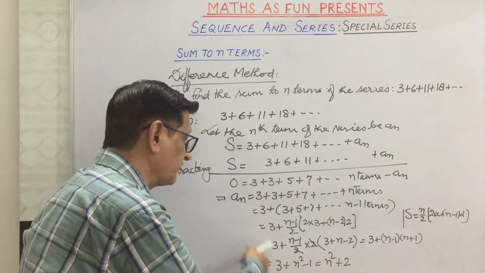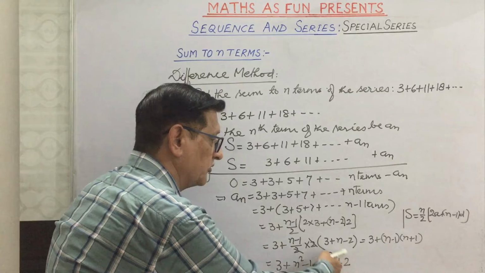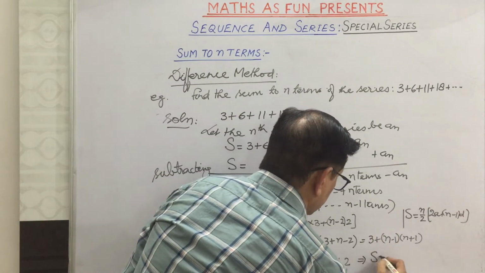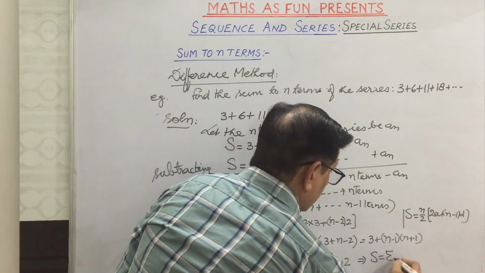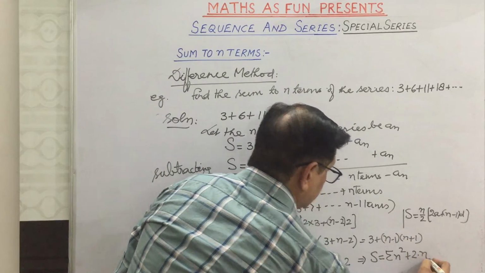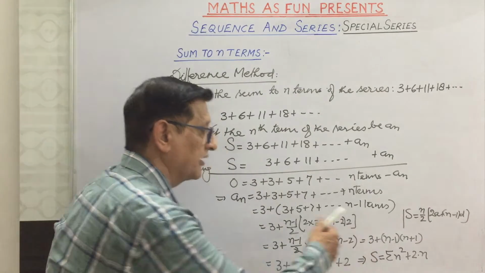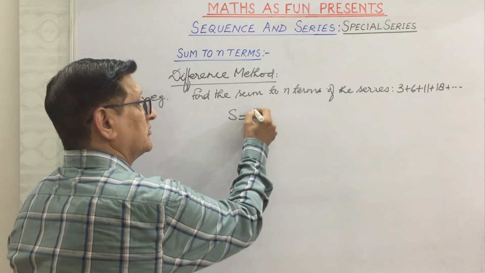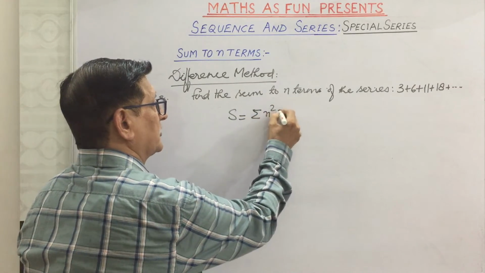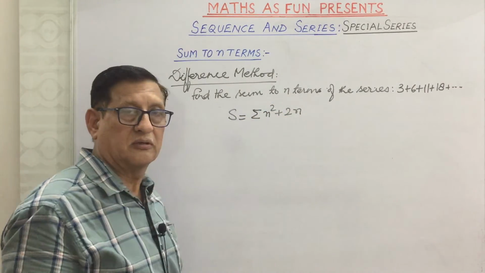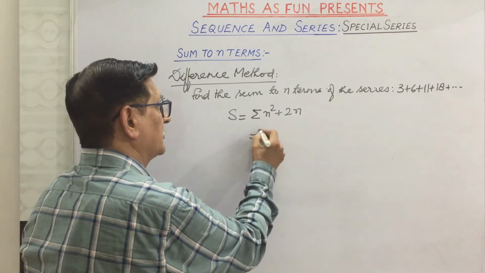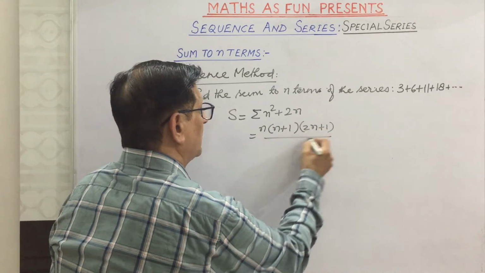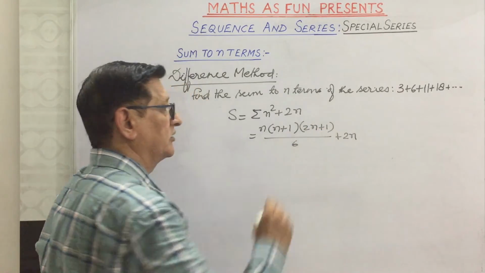Now to find out the sum of n terms, we can apply this polynomial and use sigma. So we find here the sum here will be sigma n square plus 2 into n constant multiplied by n. So we are getting here the sum as sigma n square plus 2n. We know the formula of sigma n square, that is n into n plus 1 into 2n plus 1 upon 6 plus 2n.